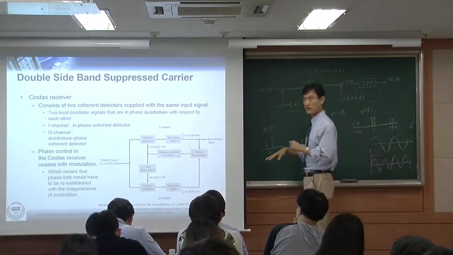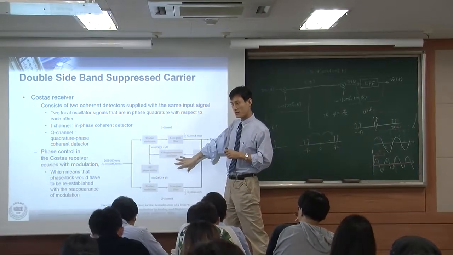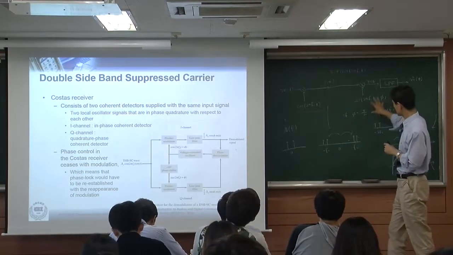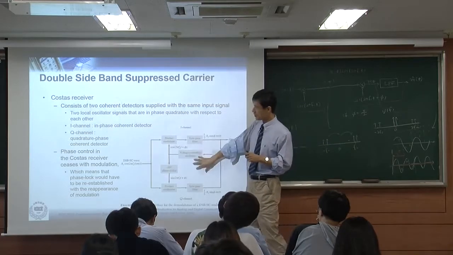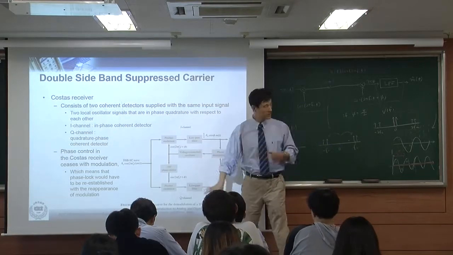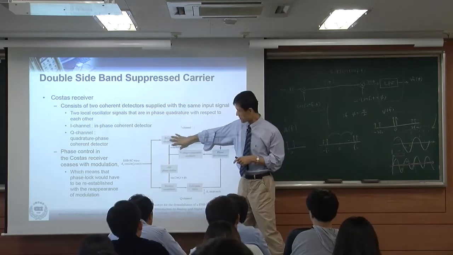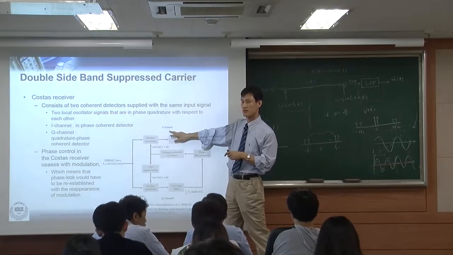So let's talk about it a little bit. It's actually very simple. The only difference between the previous receiver and this Costas receiver is that this Costas receiver has these things two times. Look at up here. We call this the I channel, or in-phase channel.